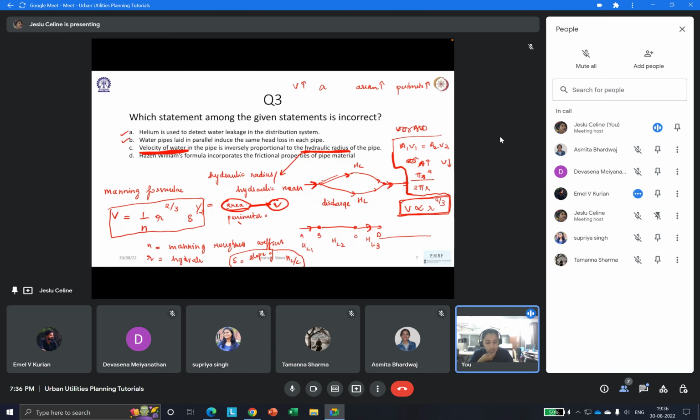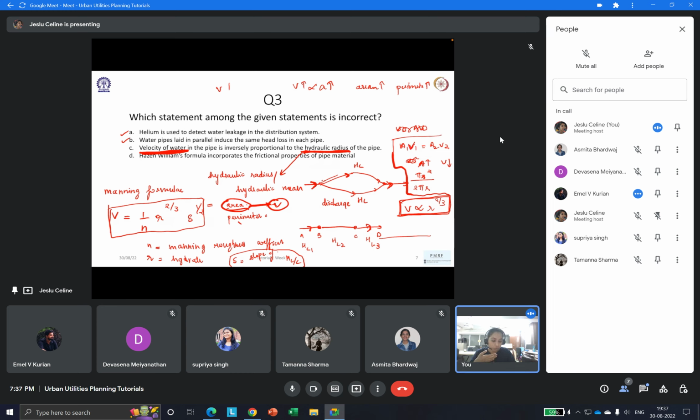We cannot say that since area and velocity have a definite relationship, the same relationship will happen for hydraulic radius, because in hydraulic radius you have one more parameter, the perimeter, and perimeter and area also have a relationship.